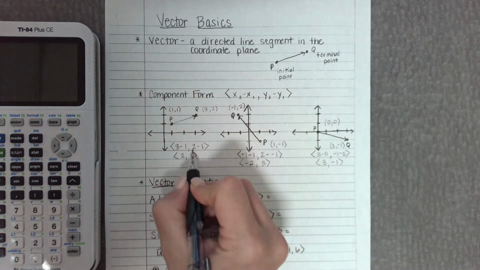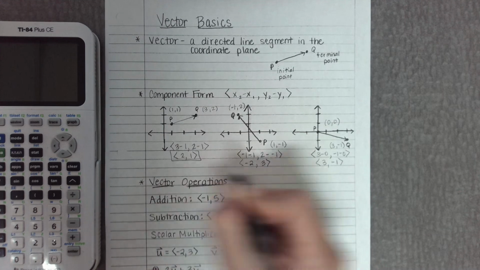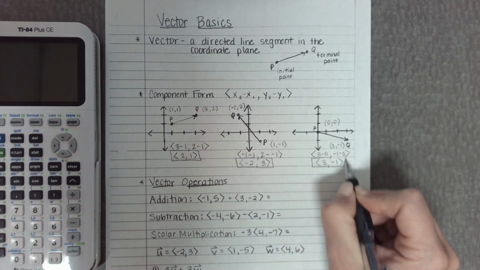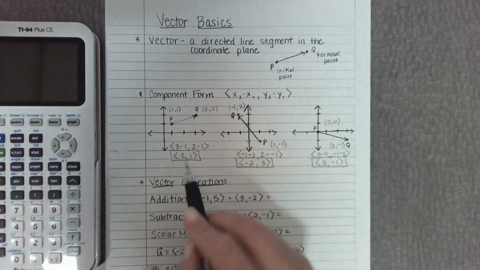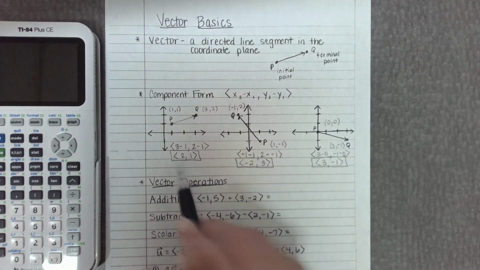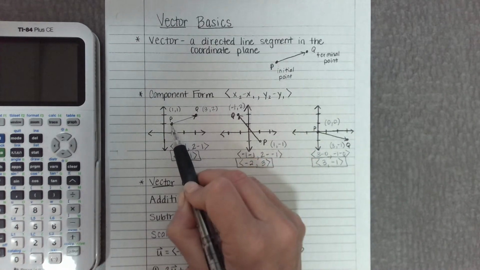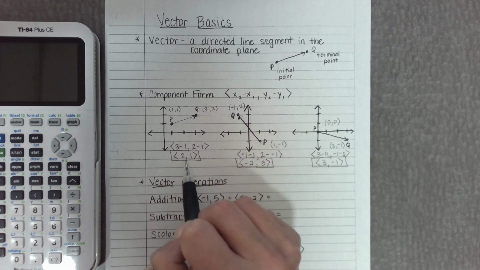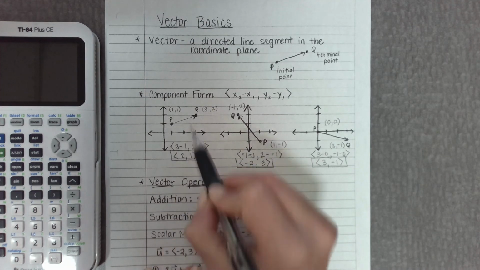Okay, so what you'll notice is the component form of a vector basically just specifies the way the vector is moving. So this component form ended up being 2, 1. If you take the initial point of your vector and try to move to your terminal point, you actually move in the direction over 2, up 1.